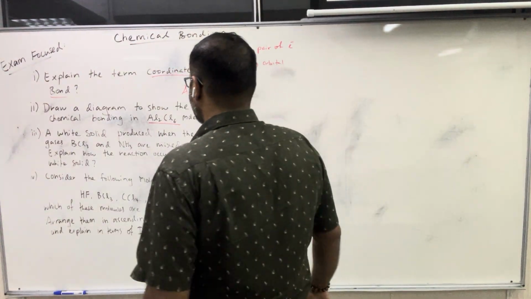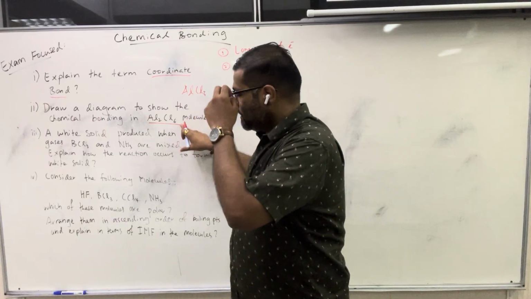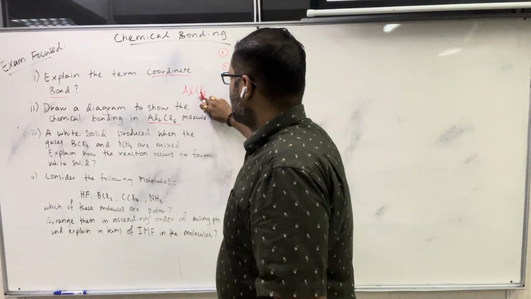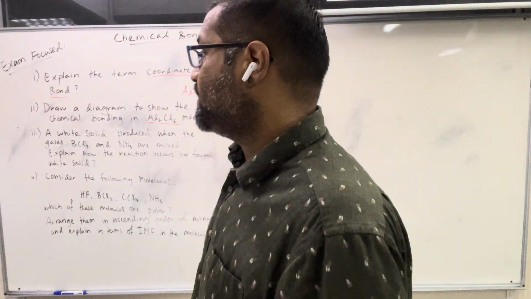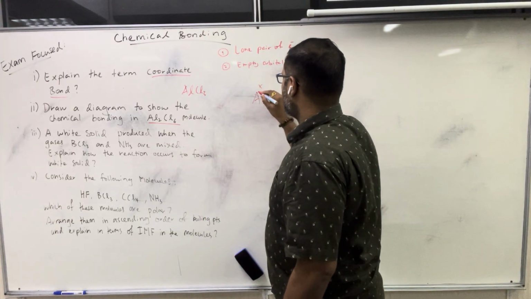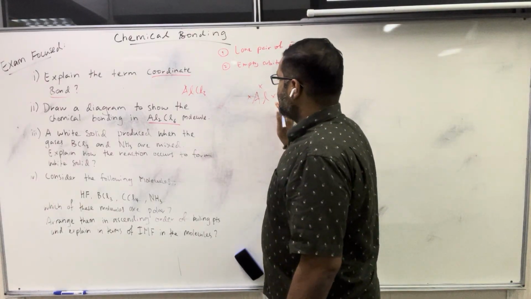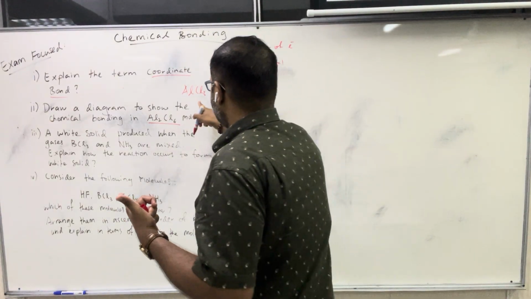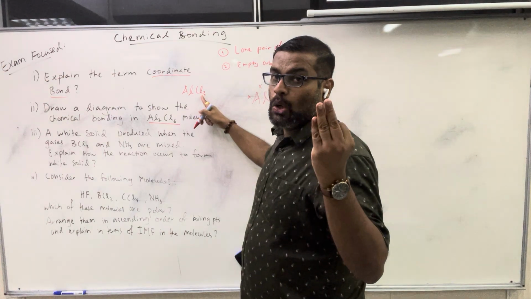Usually, in order to become more stable, this will form a dimer. This is because aluminium trichloride is an electron deficient compound. Why electron deficient? Aluminium has 3 valence electrons, and it needs another 5 more electrons to become octet. But in this case, aluminium is only bonded to 3 chlorine atoms.